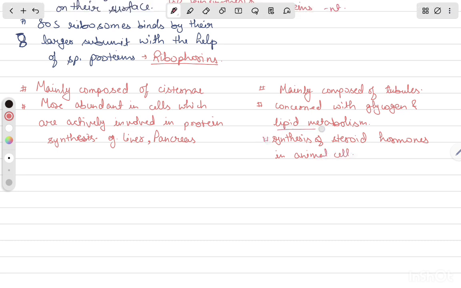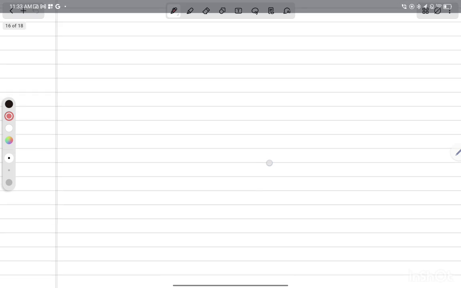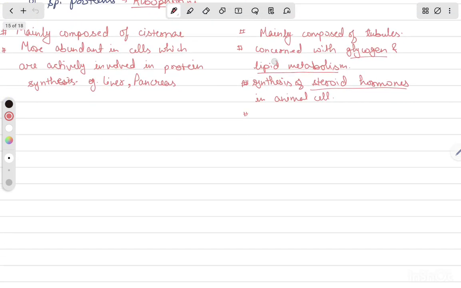So it helps in glycogen and lipid metabolism, then steroid hormone synthesis. Next is detoxification of drugs. Detoxification of drugs is also a function of smooth endoplasmic reticulum.